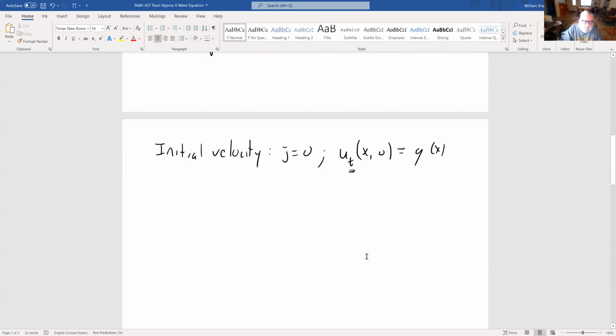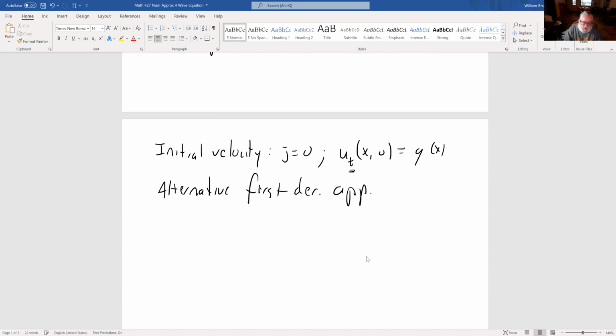So what we'll do is we'll do an alternative first derivative approximation. We know that the limit as delta t goes to 0 of some function h of t plus delta t minus h of t all over delta t equals h prime of t, right?